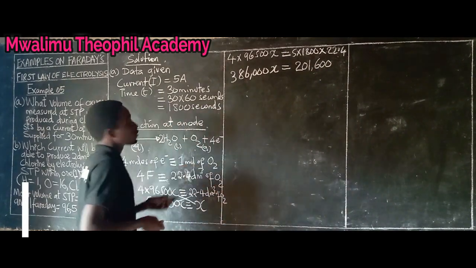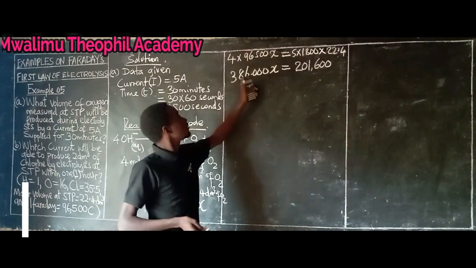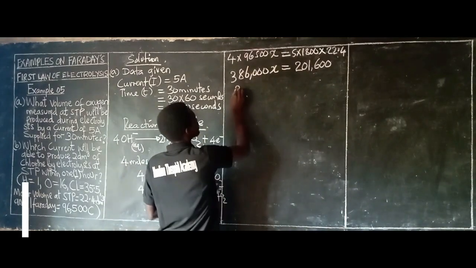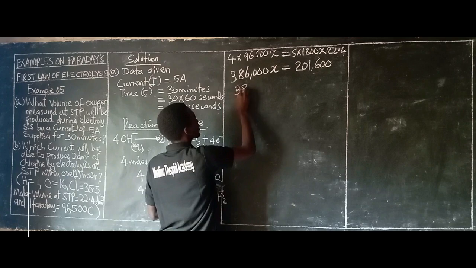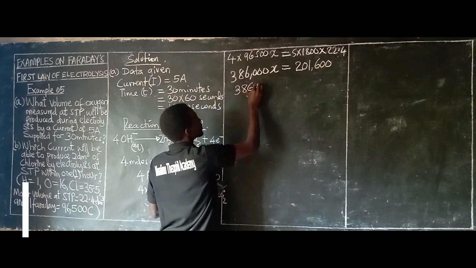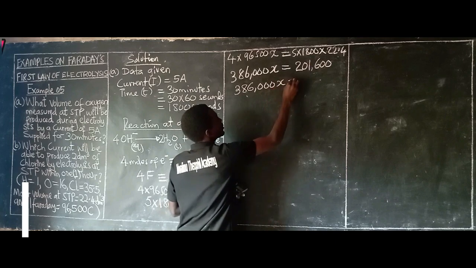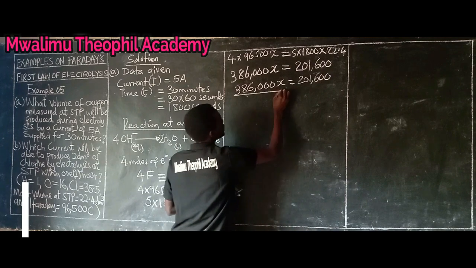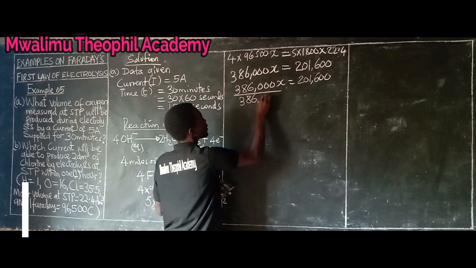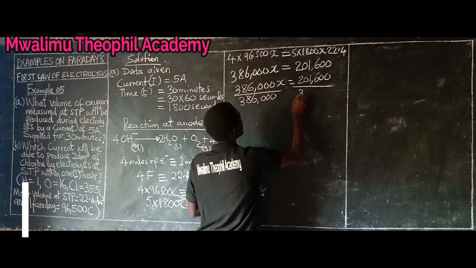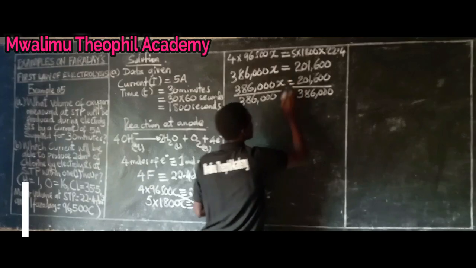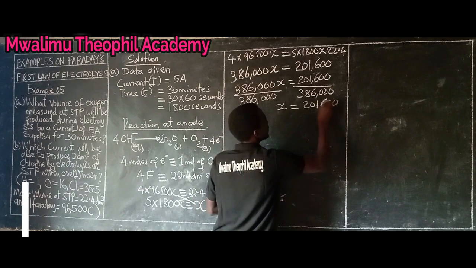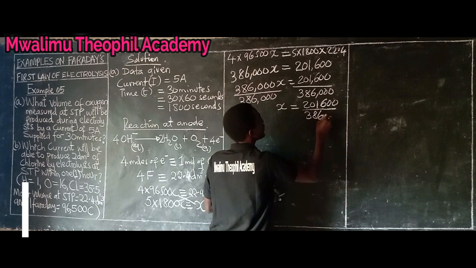Now, to get X, we have to divide by 386,000 on both sides. So 386,000 X is equal to 201,600. Dividing both sides by 386,000, the 386,000 cancels on the left, remaining with X only. So X is equal to 201,600 over 386,000.